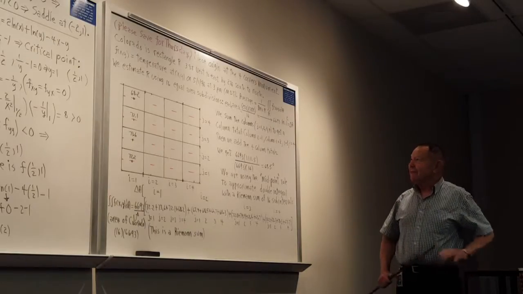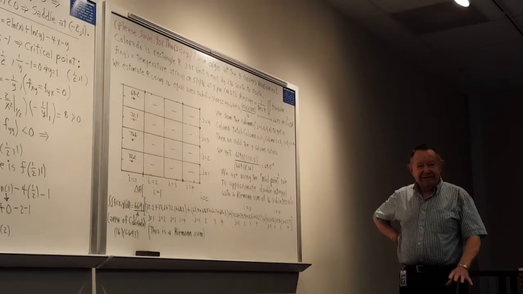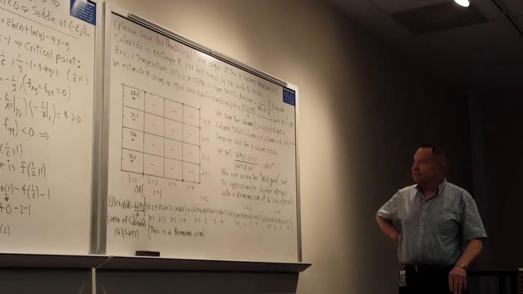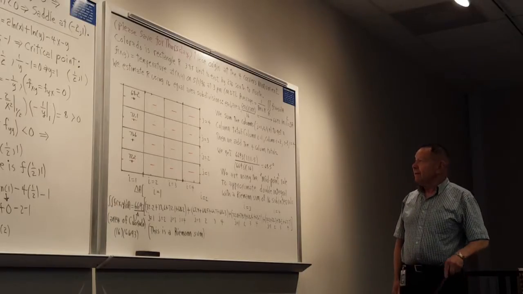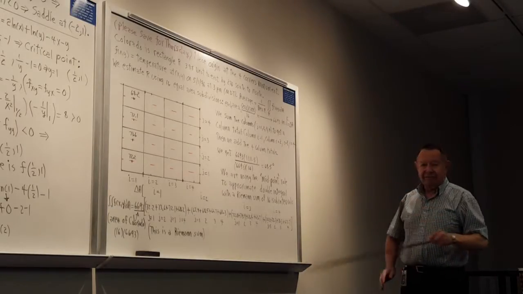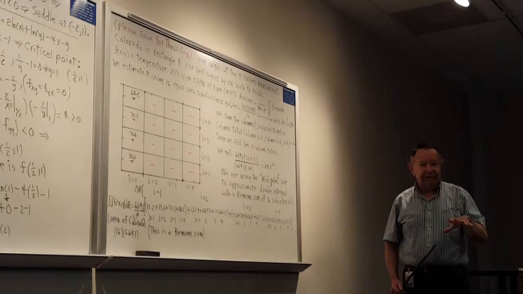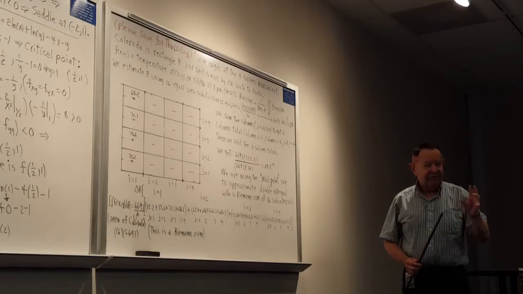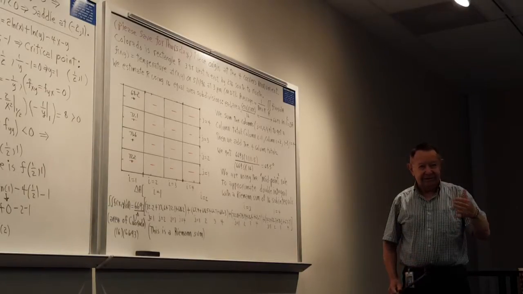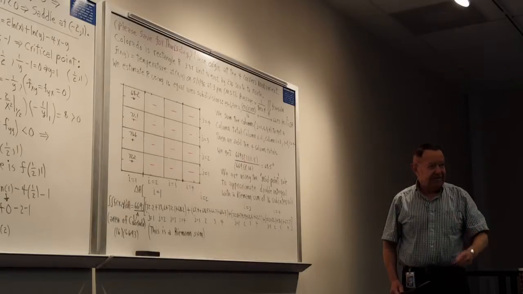May 1st. If you were trying to average the temperature, thinking of it as a function of x and y over the region, recall from Math 170, for a function of one variable, the average over an interval from a to b is the integral from a to b of your function divided by the length of the interval, b minus a.